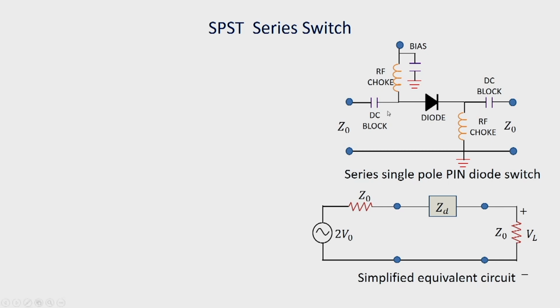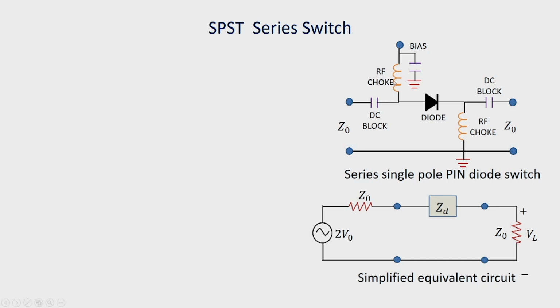We can see that this diode is inserted between transmission line and we have this P side of the diode connected to the bias through an RF choke.